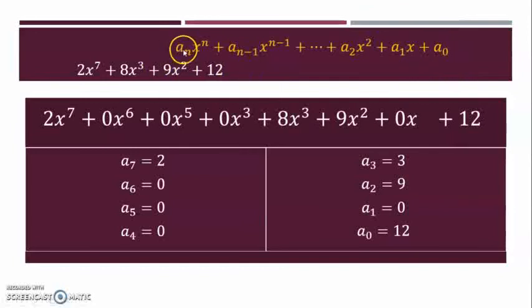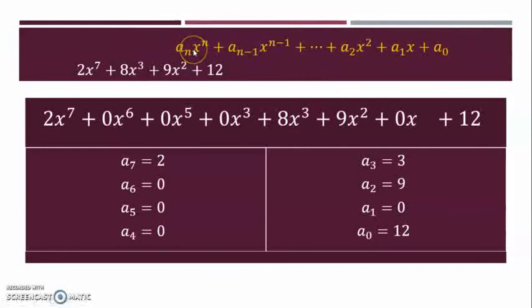So a0, a1, a2 are all representing the constant parts or the coefficient parts, while x power 7, x power 6 are all representing the variables. The general form of a polynomial of degree n can be written in this form.